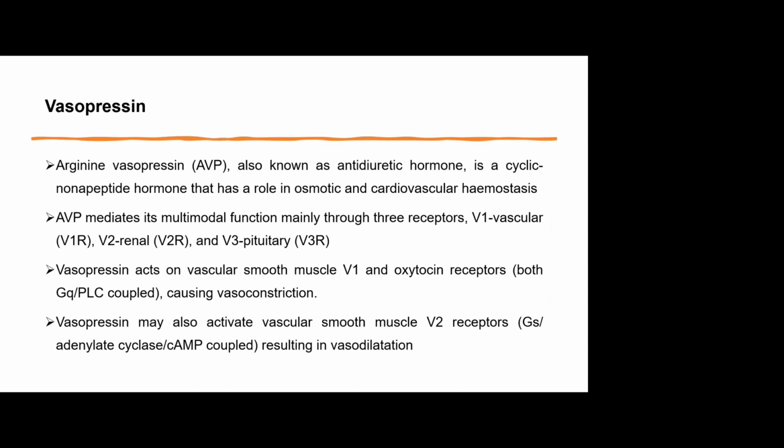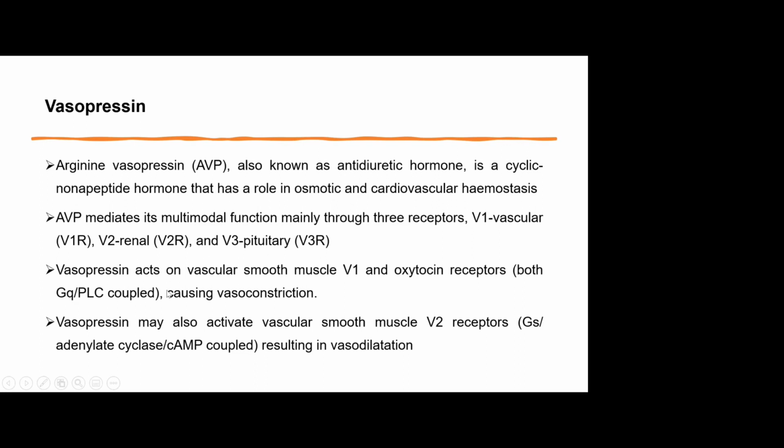We all know vasopressin is an endogenous hormone. It is synthesized in the posterior hypothalamus and stored in the posterior pituitary. And when it's released, it activates the vasopressin receptors, which are located in the vasculature, the smooth muscle cells, the renal, and the pituitary.